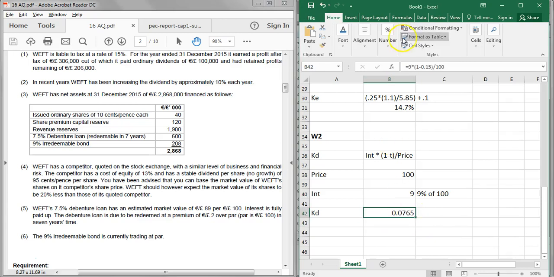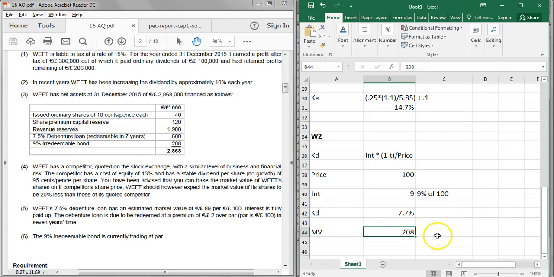So your cost of debt after tax. Why do we do after tax? Because interest on debt is tax deductible, so 7.7%. So your cost of debt is 7.7. Your market value will be the same as its book value, 208. Why is that? Because remember, your irredeemable bond is trading at par.